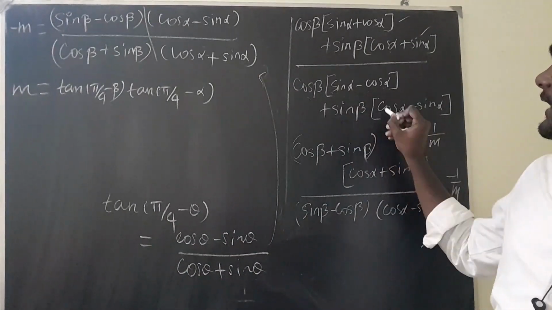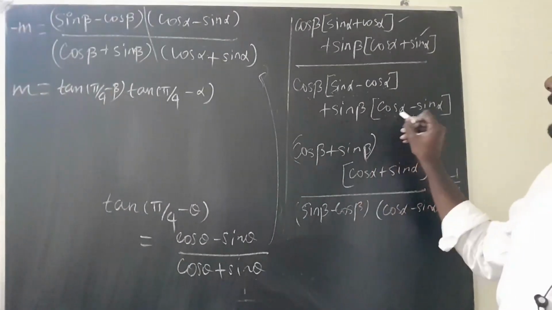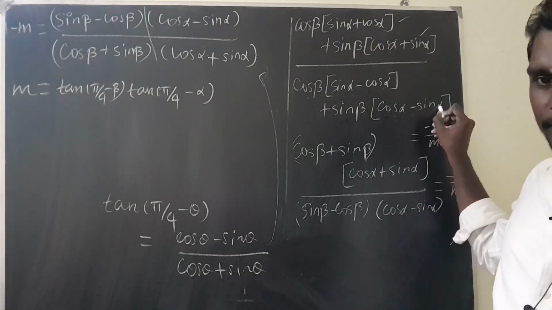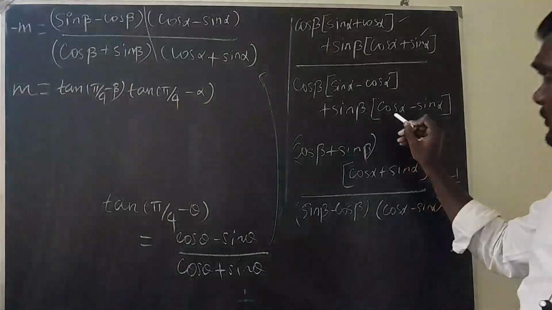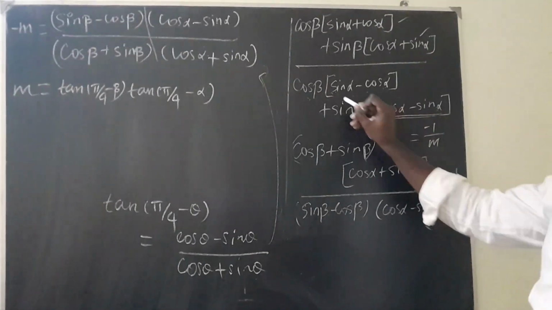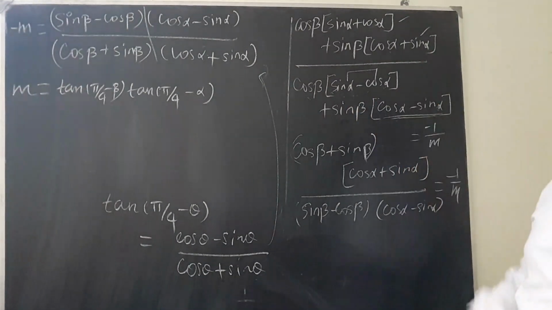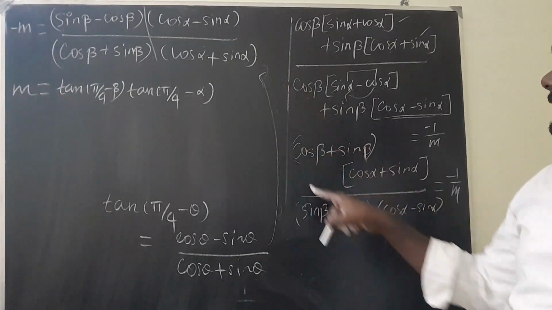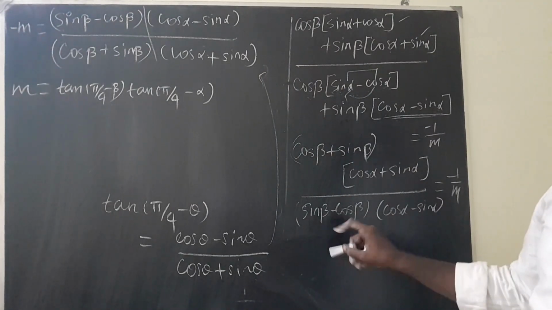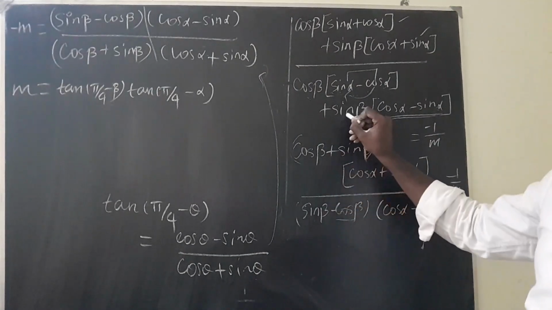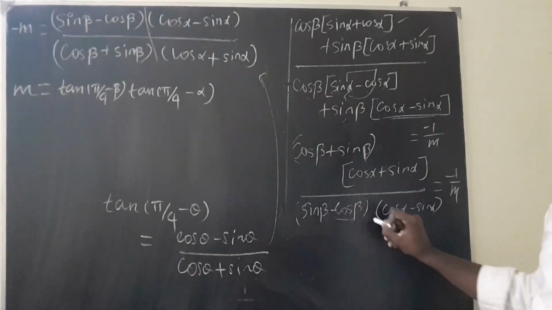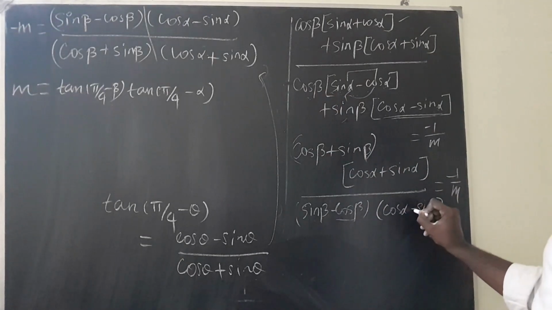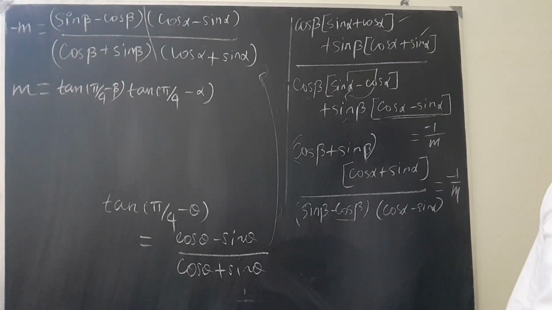Now from these two we have to take cos alpha minus sin alpha as common. To take cos alpha minus sin alpha common, here we have sin alpha minus cos alpha. This has to be moved to front. So take minus out from here. So there we have minus cos beta in the next step. See, minus cos beta, the remaining sin beta minus cos beta. So here cos alpha minus sin alpha.